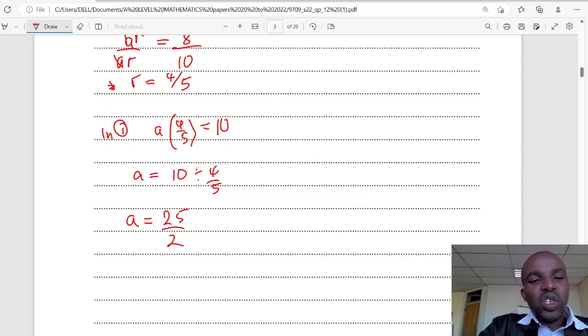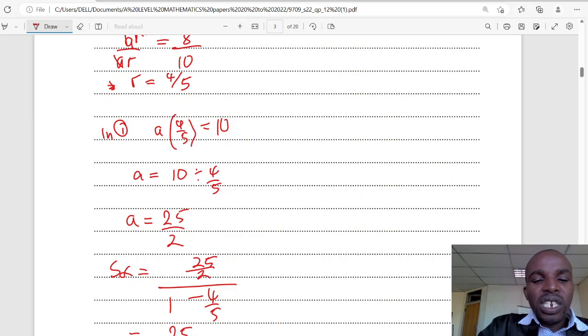Like this. So your sum to infinity is a over 1 minus r, which is 25 over 2 over 1 minus 4 over 5. That's your r. Then 1 minus 4 over 5 is 1 over 5. So it will be 25 over 2 divided by 1 over 5.